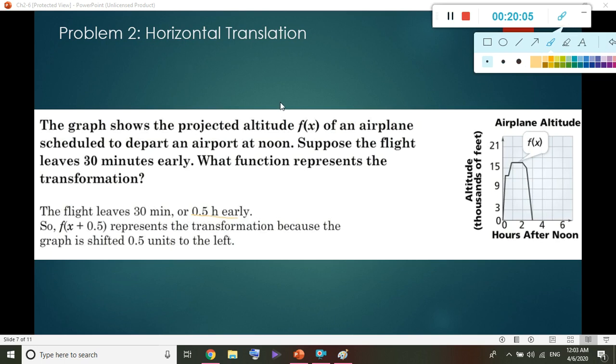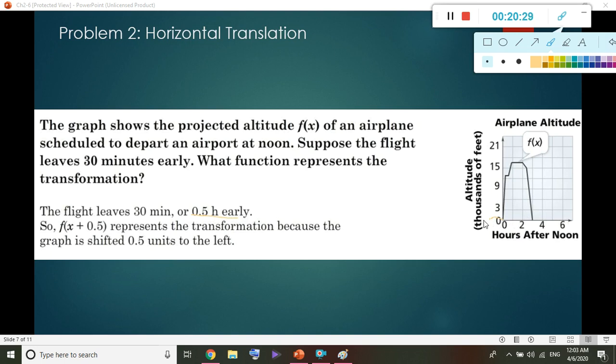Girls, why is this moving horizontally? Because you see the x-axis here is the hours after noon. So they're talking about the hours here. It means it's going to move horizontally because the hours are on the x-axis. So it's going to be 0.5 hours early. Now, based on this graph, if we say early, it's going to be before the 0, right?